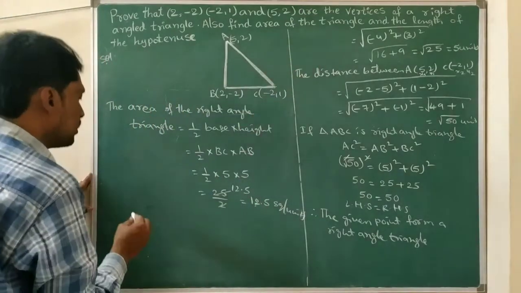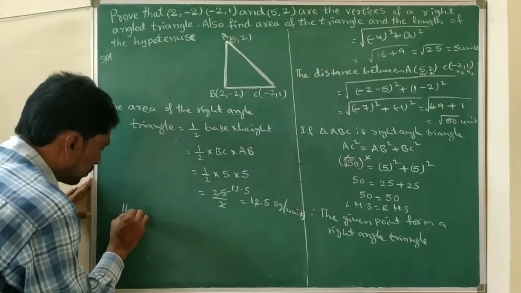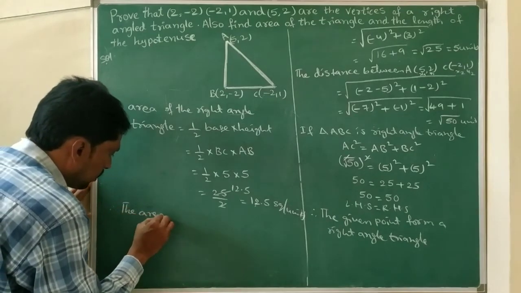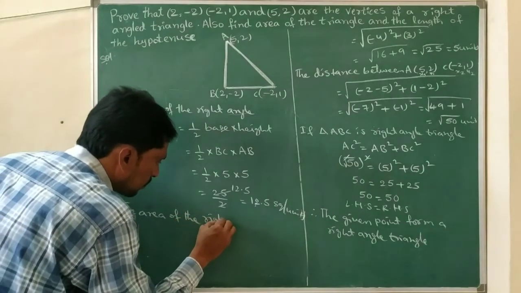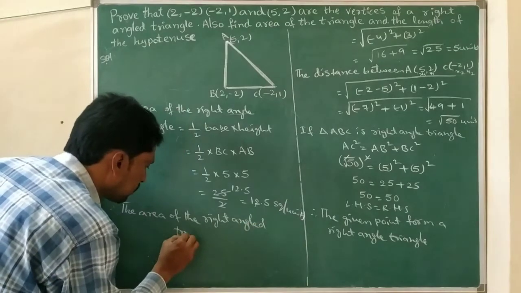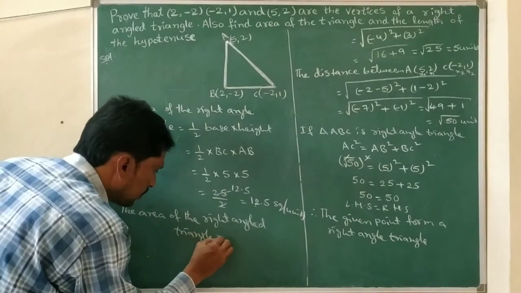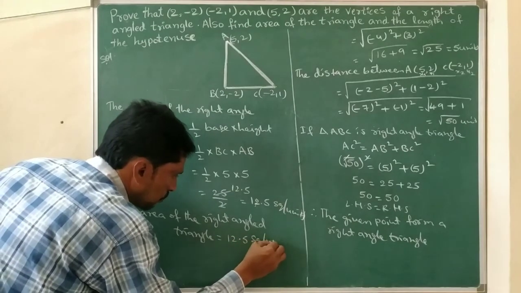Again, they asked for the length of the hypotenuse also, and that one you can write too. Therefore, the area of the right angle triangle equals 12.5 square units.